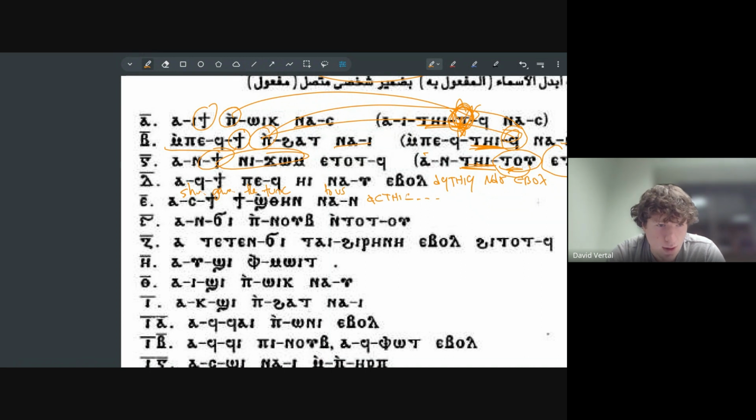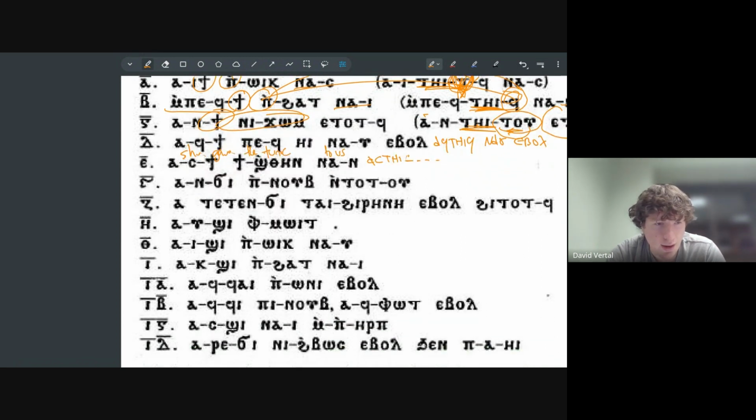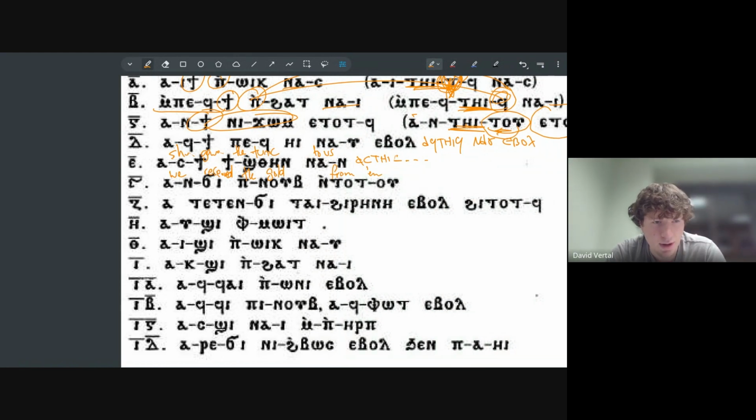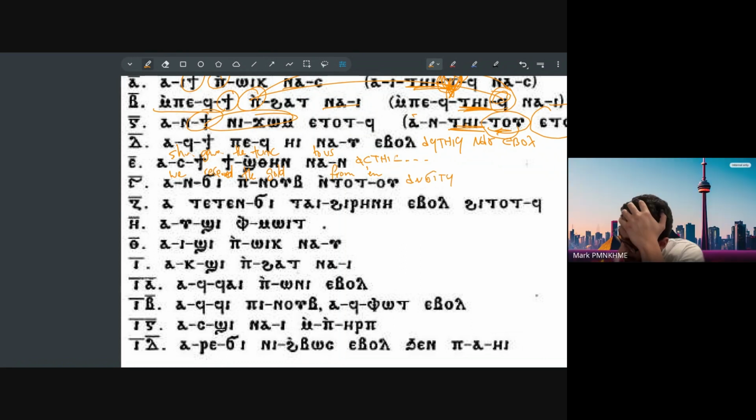Anchi Pinob and Toto. We received the gold from them. And that would turn into Anchit and Toto. Perfect. Okay, awesome.